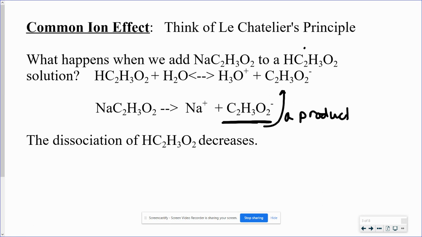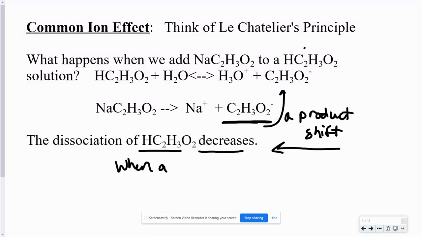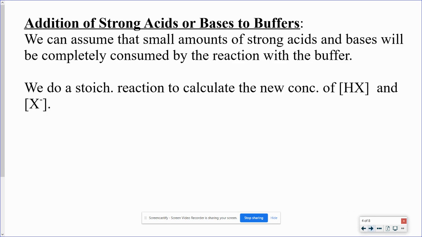That's going to shift the equilibrium back that way. So that means that the dissociation of acetic acid decreases when we add more of its conjugate base. When we add its conjugate base, it causes the dissociation of the weak acid to be less than it normally would be.